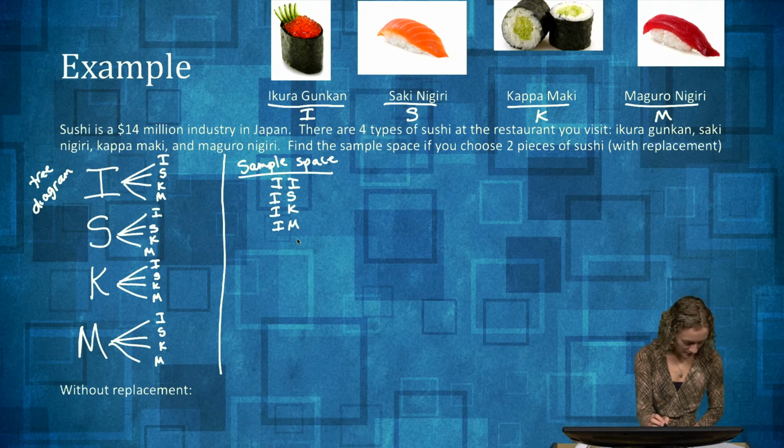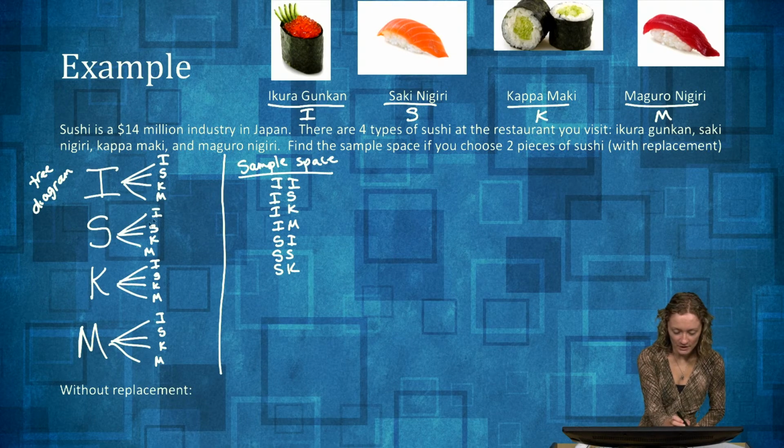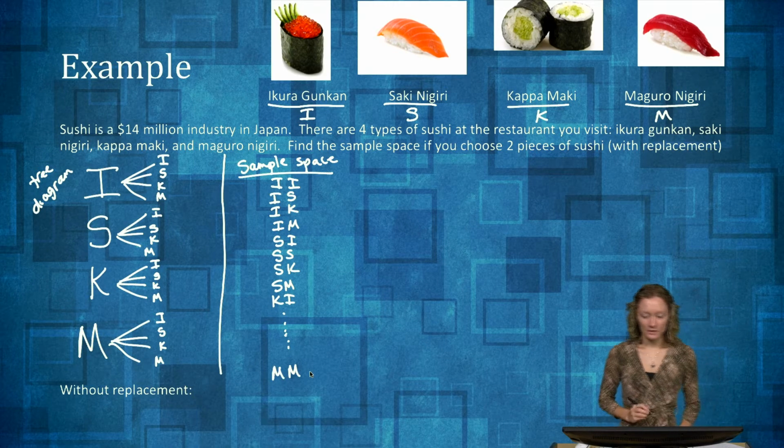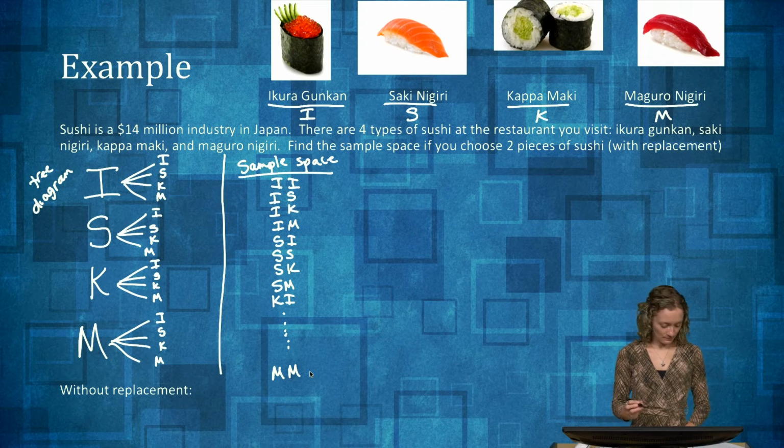And so you can see what this list would look like. S, S, K. It's just first, second, first, second, first, second, each one. All the way down to Majuro Nijiri, Majuro Nijiri.